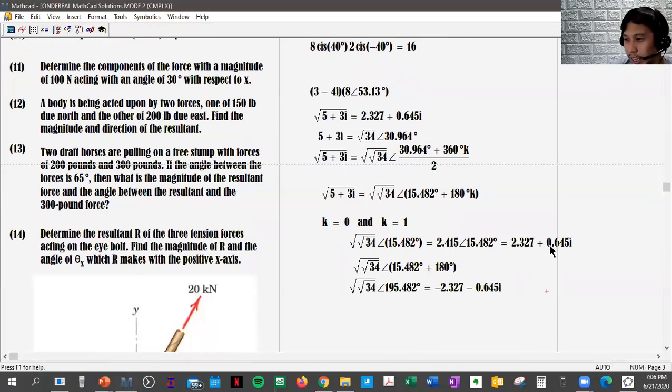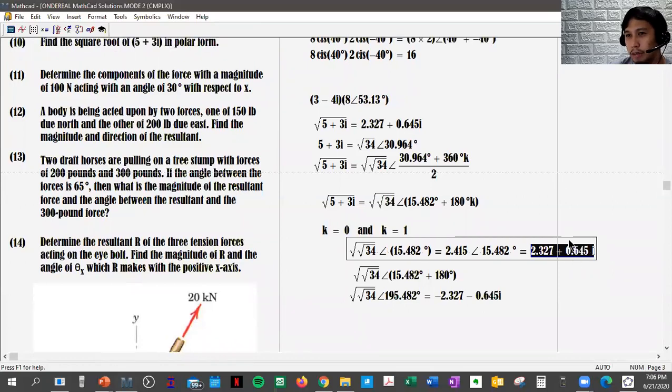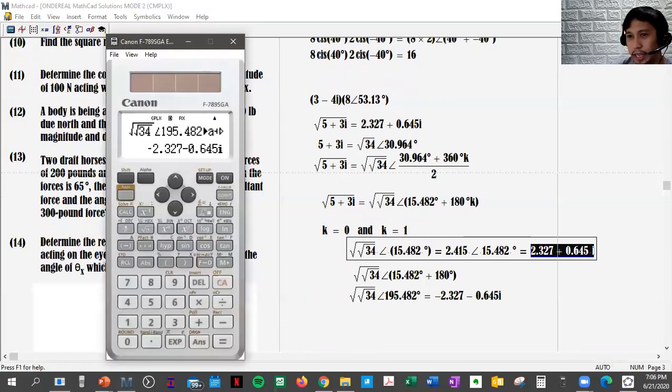Now, try natin na. Again, the square of this must give us 5 plus 3i. No, but I want to set up the calculator again to A plus Bi form. So complex 1, then ito, 2.327 plus 0.645i. I'm making a reverse dito ha, or back solve dito ha.